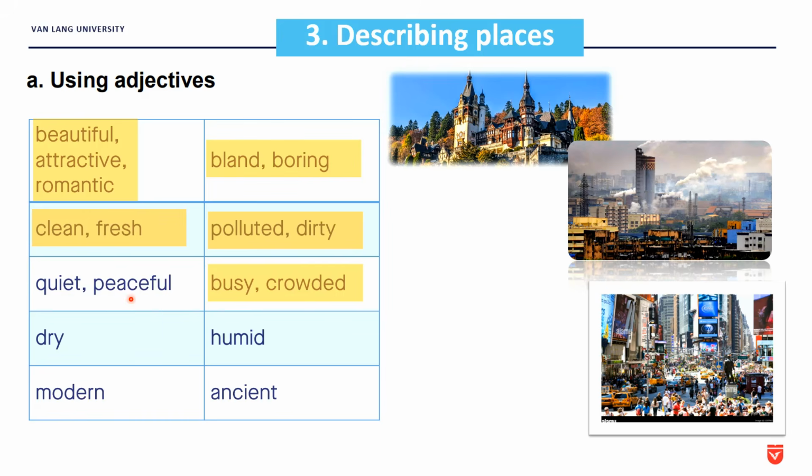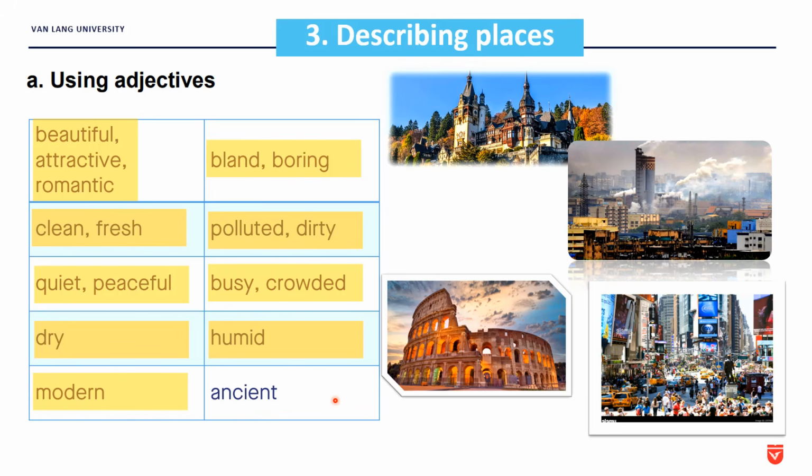A dry place is a place where the conditions are not wet. The opposite of that is humid. The antonym of modern is ancient, like this picture. Try to remember them because they will help you a lot. Okay, let's move on.